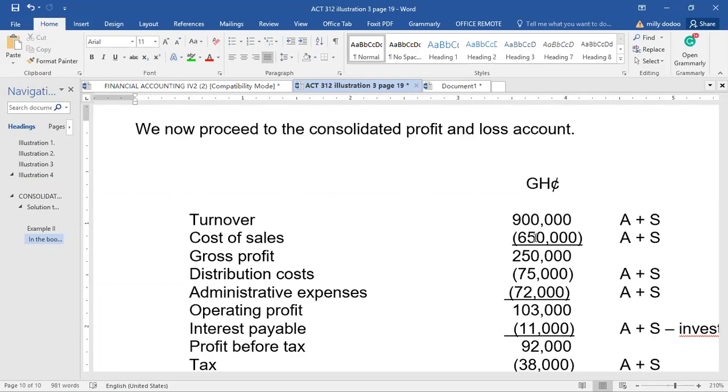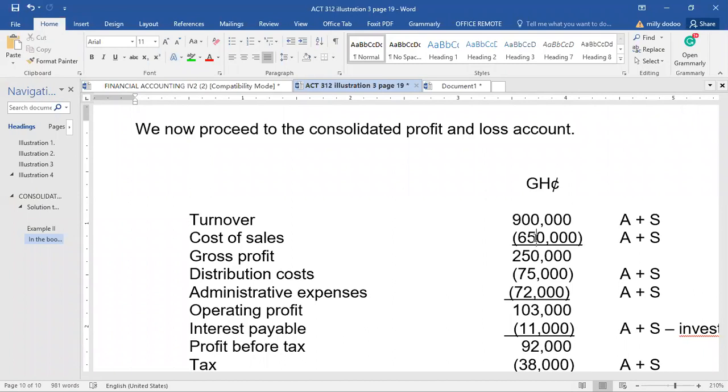Then my distribution cost. Distribution cost for Acquirer is 50,000, and that of Swallowed is 25,000. So I'll add the distribution cost 50,000 and 25,000 and get 75,000.